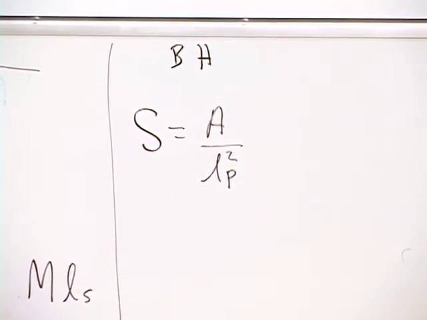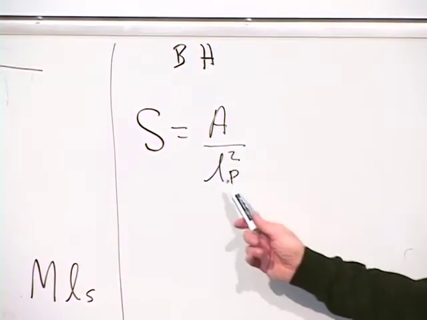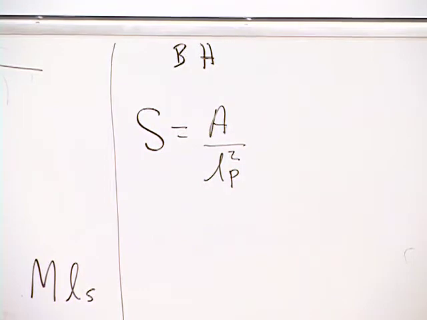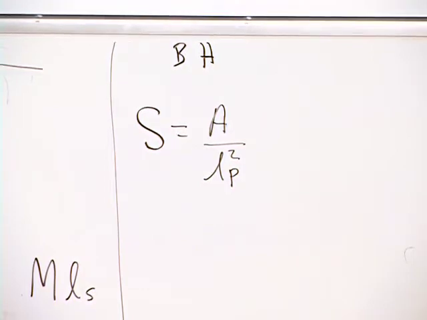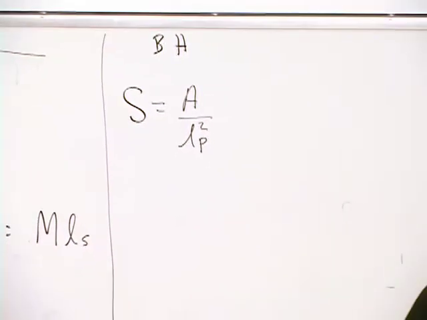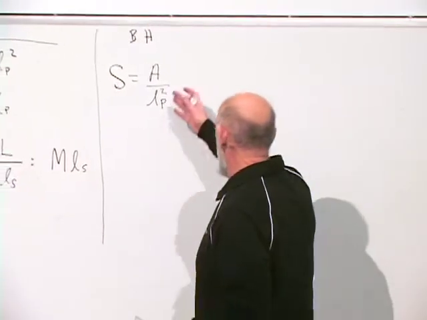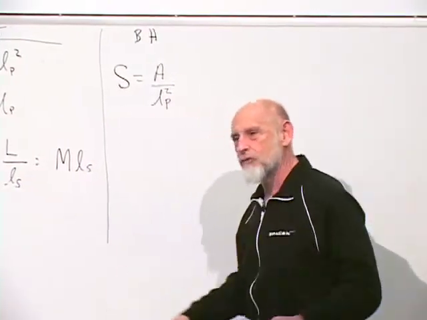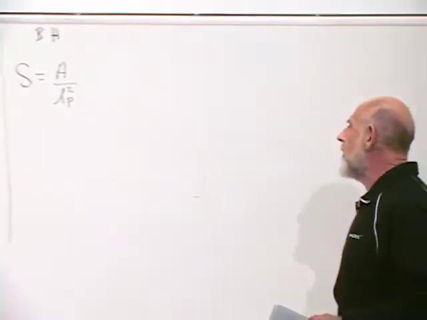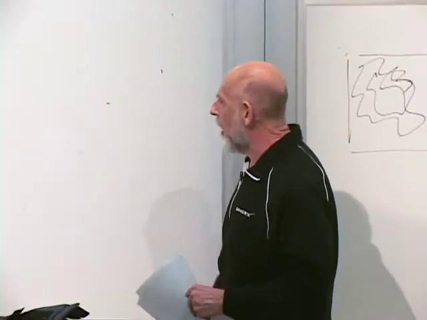Area, and there's a numerical coefficient. Do you remember what the numerical coefficient was? 4. We're never going to be able to calculate that 4. It's too hard. But this is the scaling. This is the parametric behavior of it. The area divided by L Planck squared.